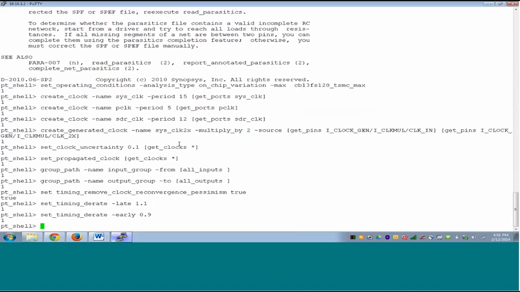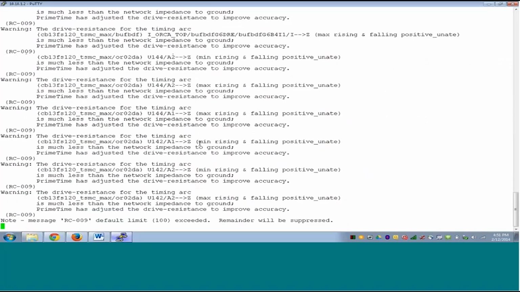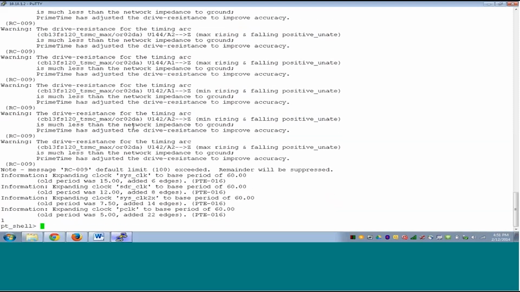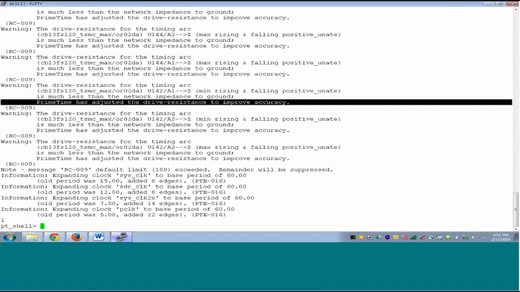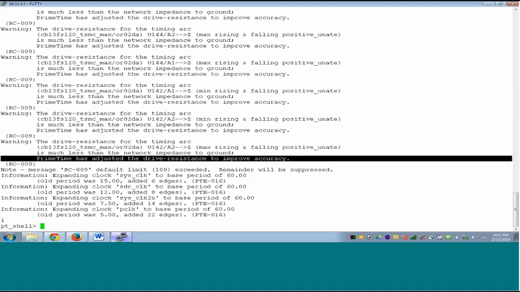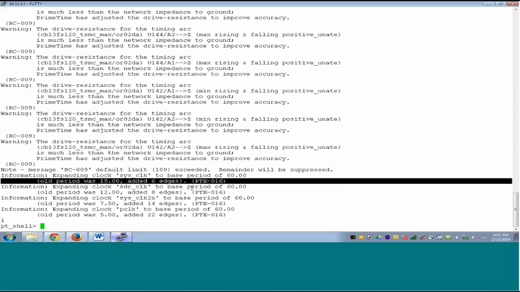Now we will do update timing. Now update timing will give a lot of messages. Many would be that some drive resistance is being too low, and so PrimeTime has adjusted the drive resistance to improve accuracy. Such types of messages are okay, they are not harmful. Next, it is very important when it gives this PTE-016 kind of message.